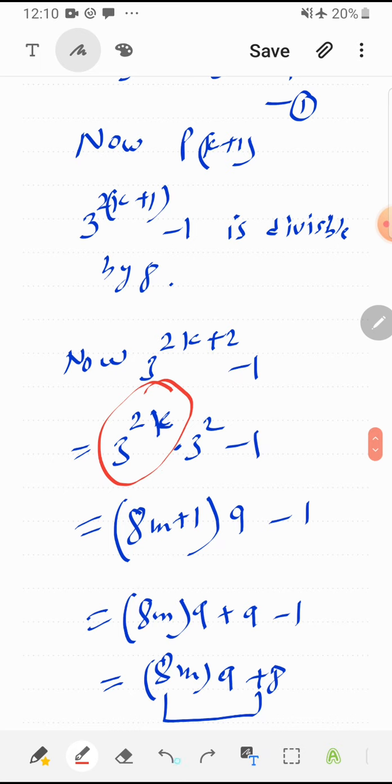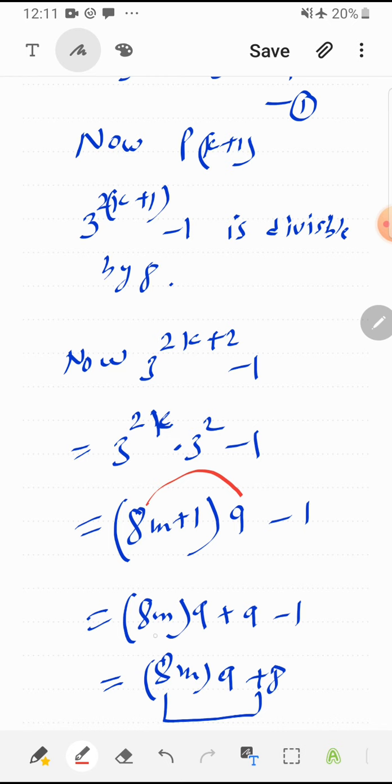Now one suggestion from my side: when you try to open the bracket, don't actually multiply the terms. I know 9 into 8 is 72, but still I don't want to multiply. Try to make this a habit, because when terms are heavy or calculation is complex, this habit will save your time and energy.